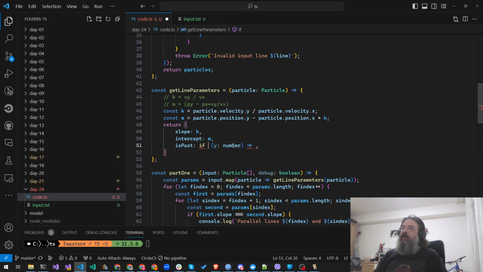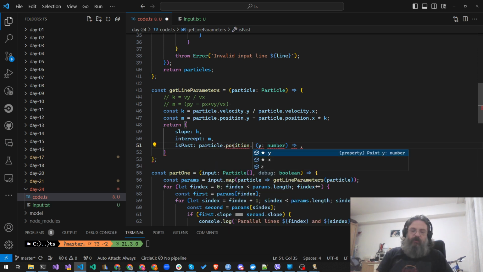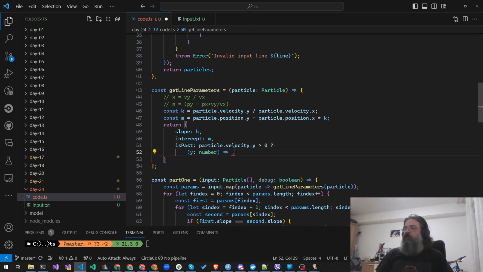So we can say if particle.position.velocity.y is bigger than 0, then we can have this function.